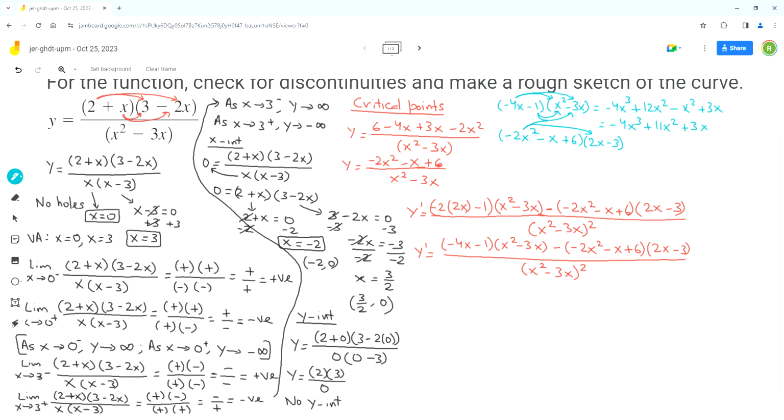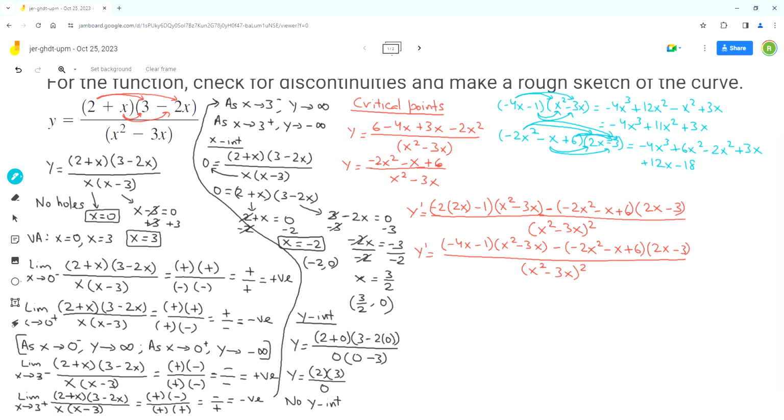But here we have 3 terms in one expression, so we'll have to do it 3 times. -2x² times 2x is -4x³, and -2x² times -3 will be plus 6x², and then -x times 2x will be -2x², and -x times -3 will be plus 3x, and then 6 times 2x will be plus 12x, and 6 times -3 will be -18.